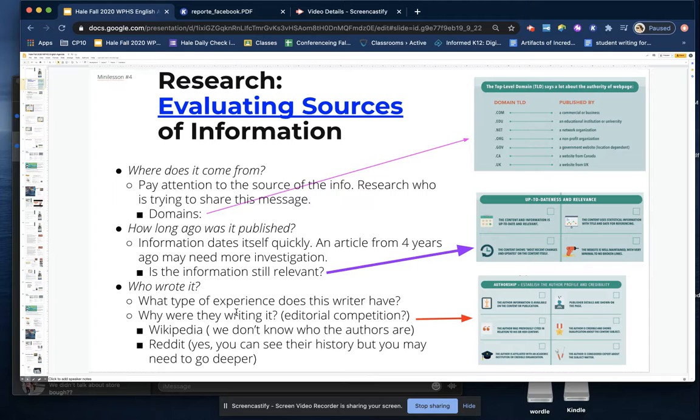And then there are a couple things about Wikipedia and Reddit that you should steer clear from when you're doing the actual research for your research paper. For what you're doing first, it's not a bad idea to consult some of these sources. They are written by people, but anyone can post, and so they're not vetted and most of the time they're not fact checked.